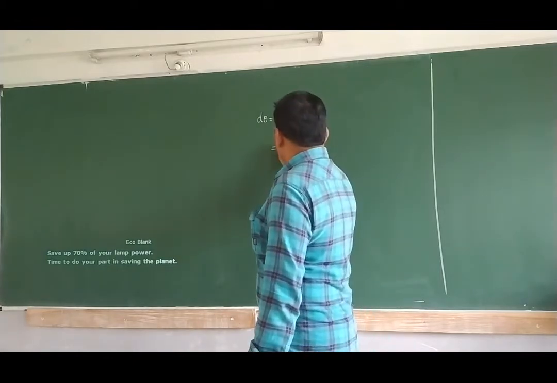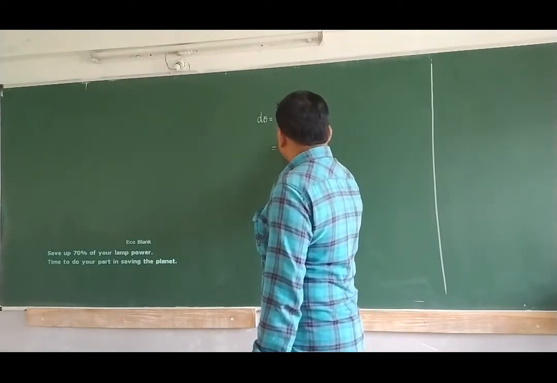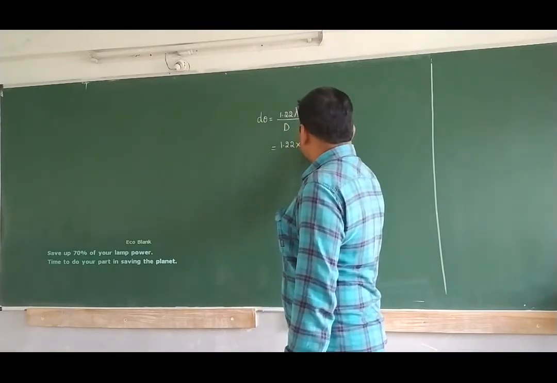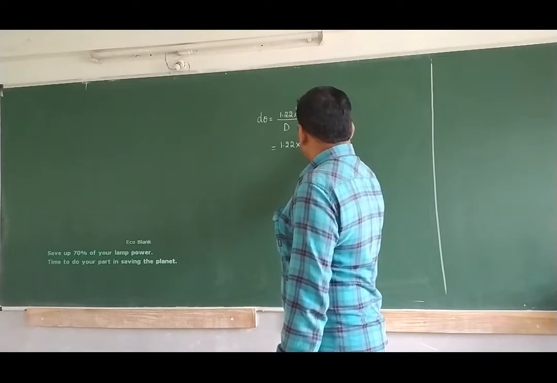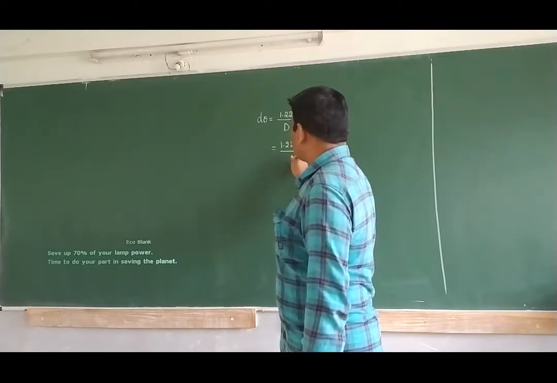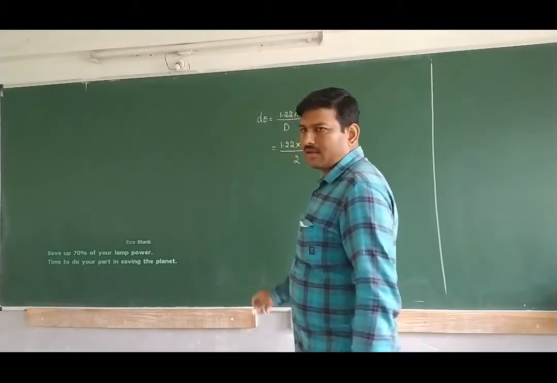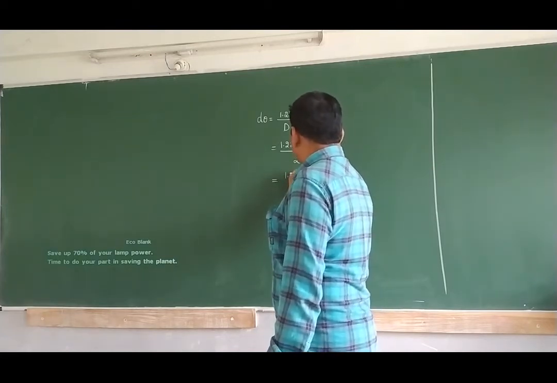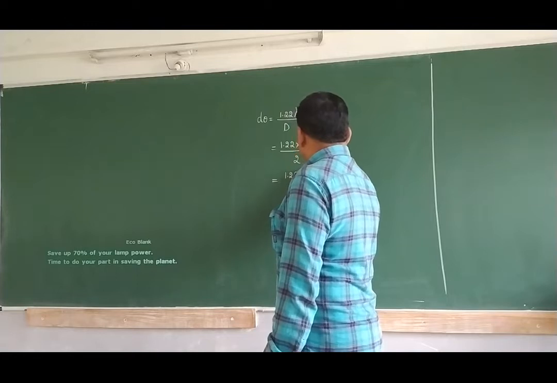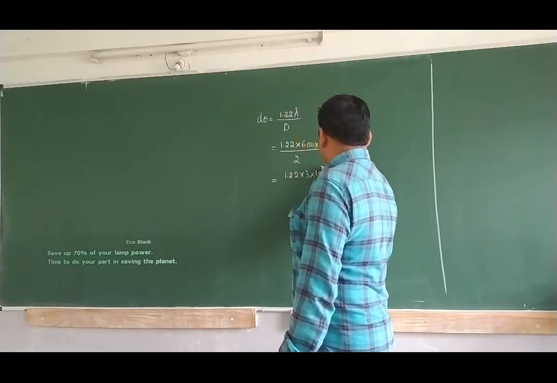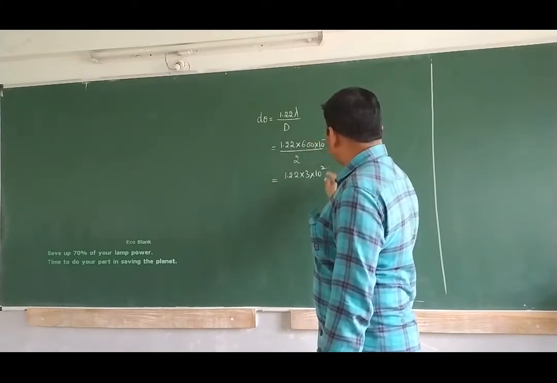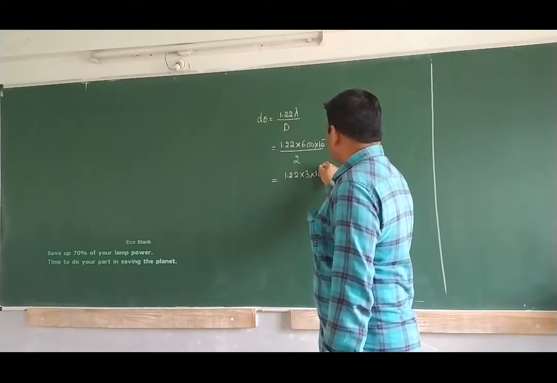So this is nothing but 1.22 into the wavelength they have given, 600 nanometer: 600 into 10 to the power of minus 9, divided by capital D, which is 2 meter diameter they have given. So 2 goes into 600, 300 times. Therefore 1.22 into 3 into 10 to the power of 2. 2 goes in 6 3 times, 100 is 10 square. 10 square into 10 power minus 9 is 10 power minus 7.